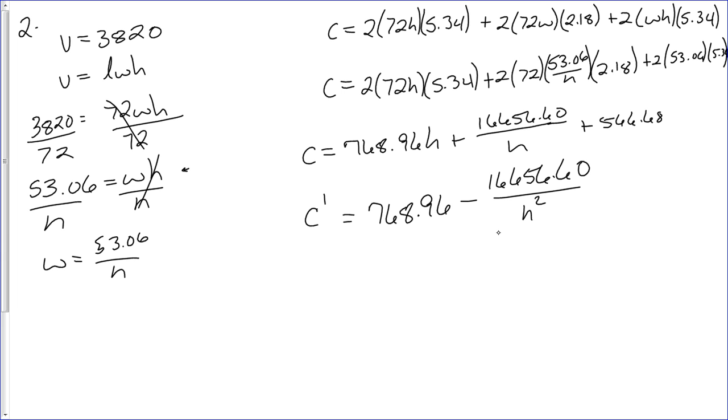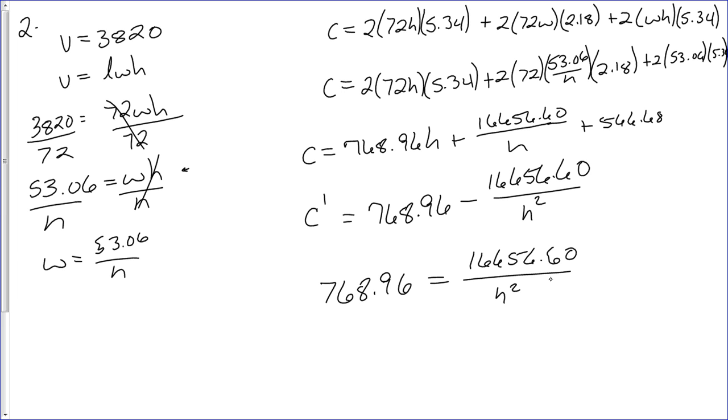All right, now in order to solve for H squared, we're going to set this equal to 0. And I'm going to kind of combine two steps here. I'm going to set this equal to 0 and add this across to the other side at the same time. So 768.96 equals that ridiculous number over H squared.